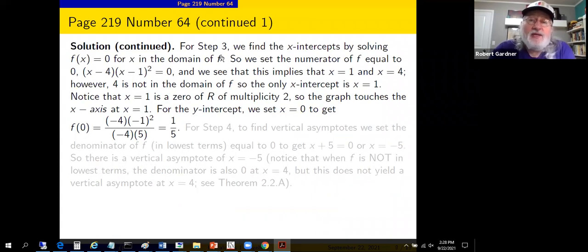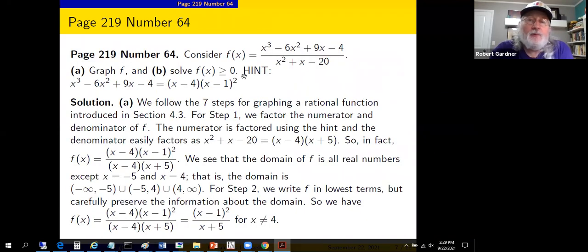So for step 3 in the graphing procedure, next we'd find the x-intercepts by setting f of x equal to 0. If we look simply at the numerator in the original function, let me bounce back. The original function, here it is, had a numerator of x minus 4 times x minus 1 squared.